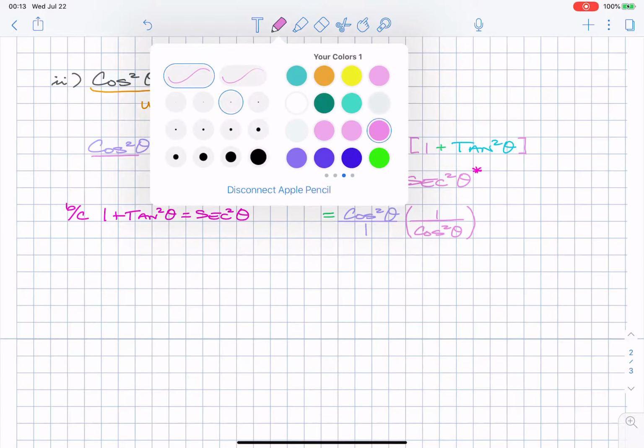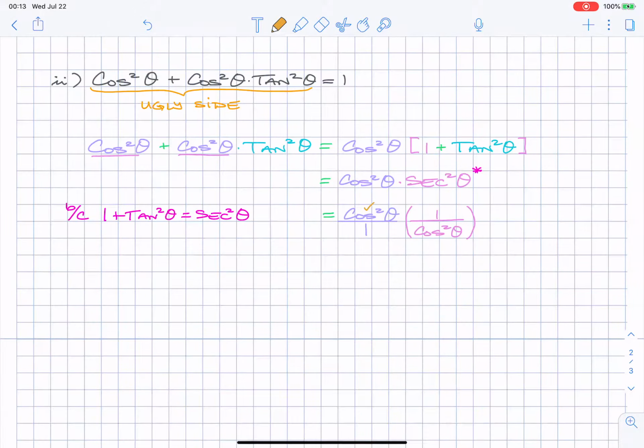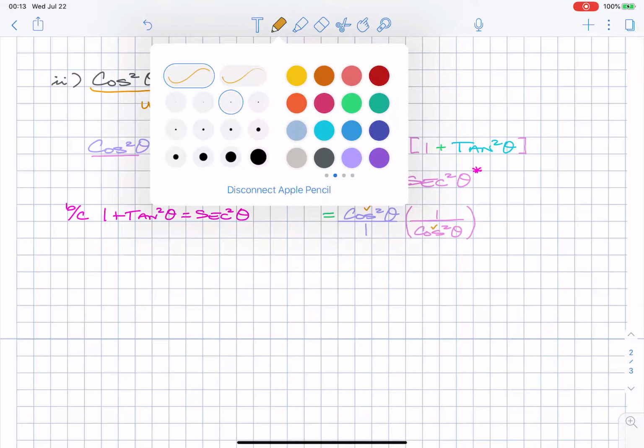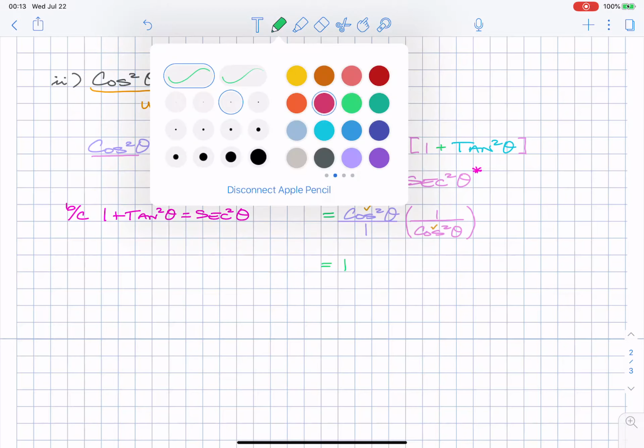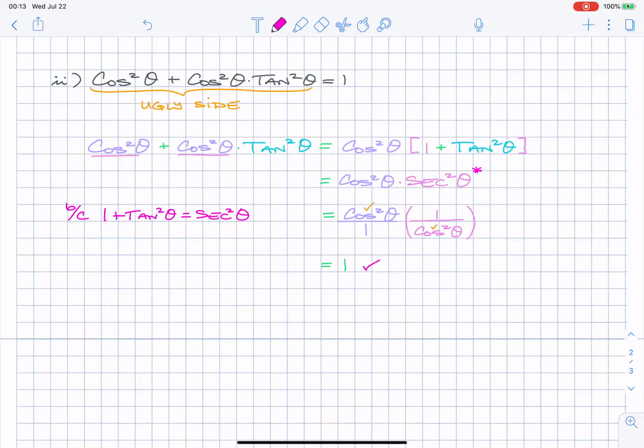Which is nice because now cosine squared theta and cosine squared theta reduce. So I'm left with 1 over 1 or 1. And that is exactly what we wanted because that is the right-hand side. So we have verified this identity.